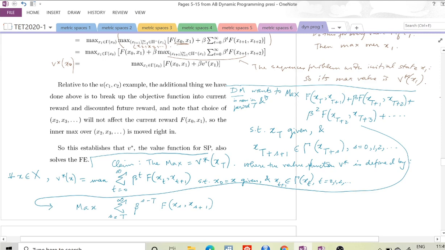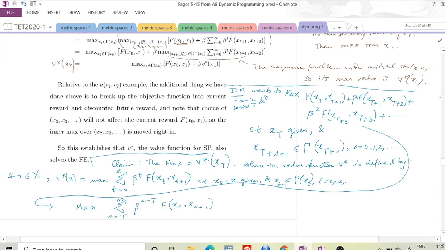Okay, so check that this is exactly what's happening here. When small s is equal to capital T, we have x capital T plus 1. That's the term here. And beta to the small s minus capital T is then beta raised to the 0.